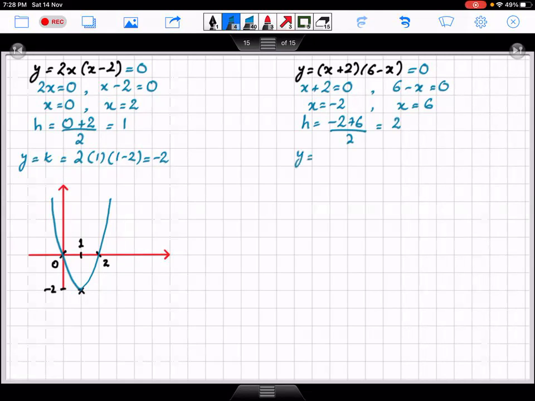Now to get the value of y, it should be equals to k. Now put the value of x equals to h. So now this becomes 4 into 4 is 16.